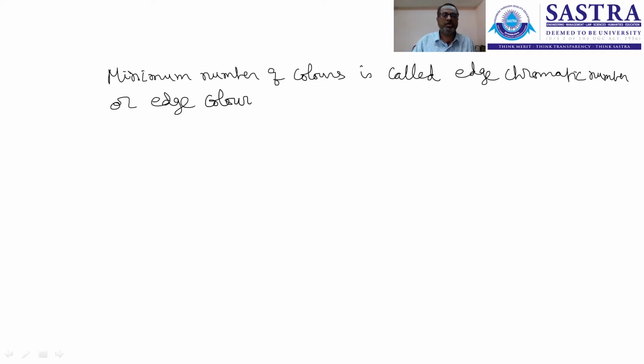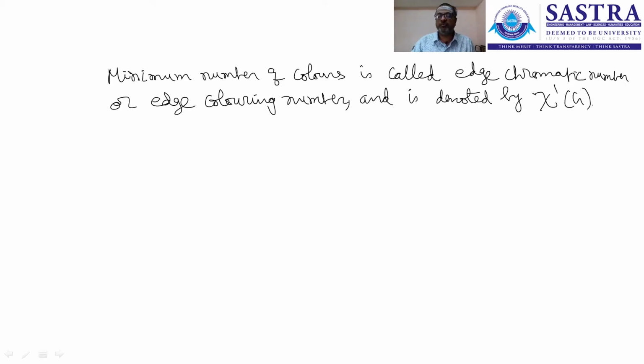You can call it either way. How do you denote it? It is denoted by chi dash of G. So the minimum number of colors will be called the edge chromatic number, and that will be denoted by chi dash of G.